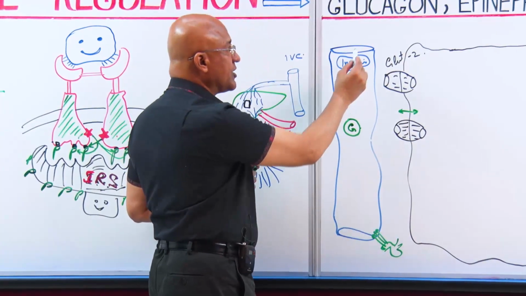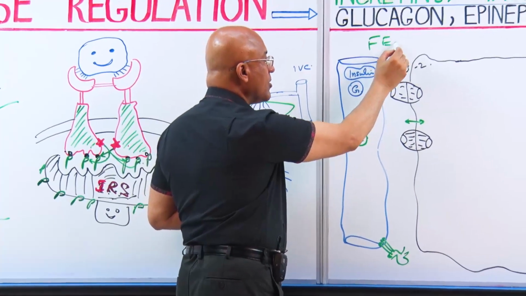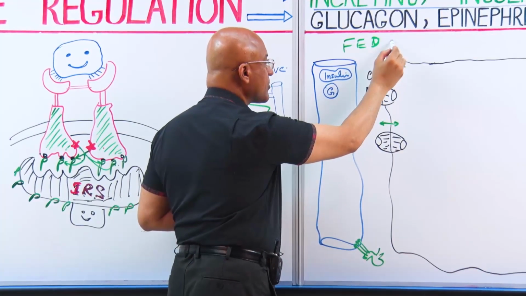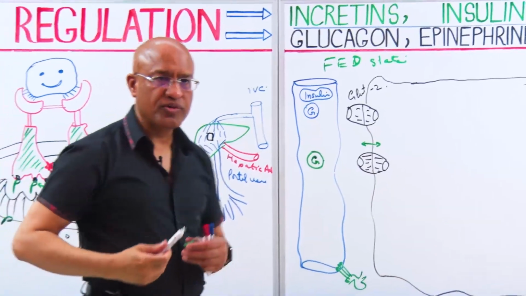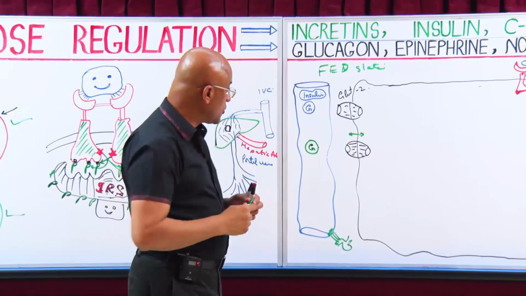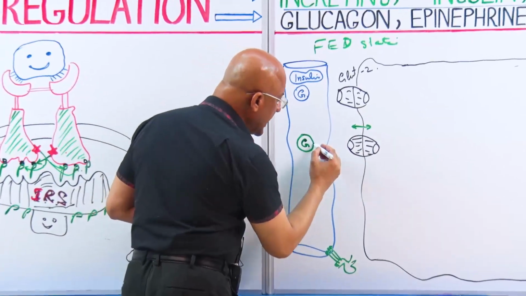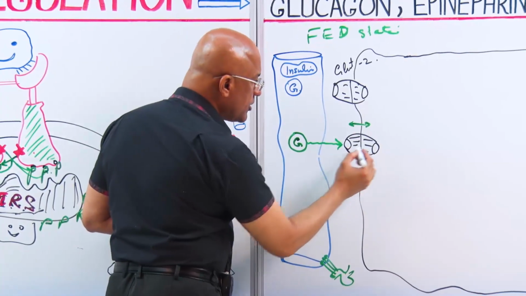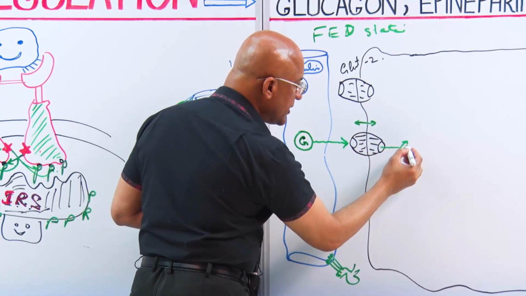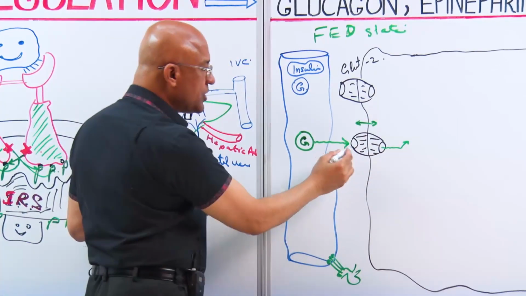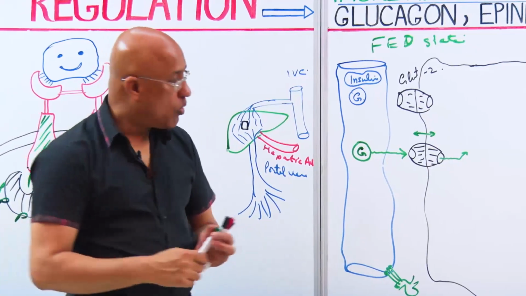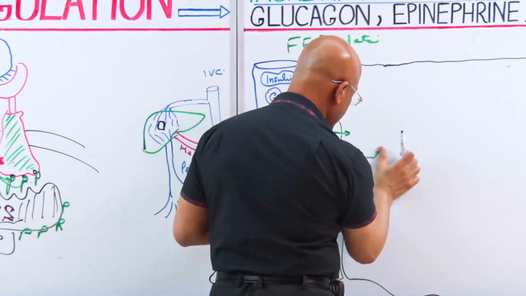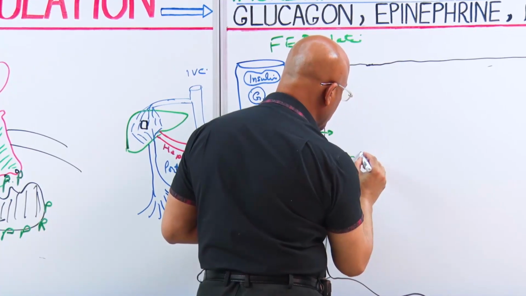In the fed state, when you have eaten a lot of food, a lot of glucose is coming in the portal circulation. So glucose will enter into hepatocytes through GLUT2. Once the glucose enters, now listen carefully, we have to see what happens to this glucose.